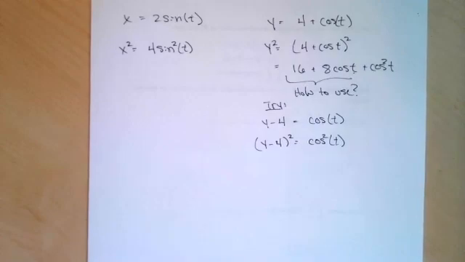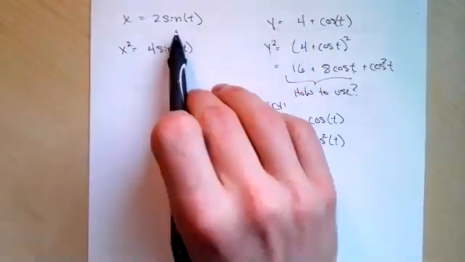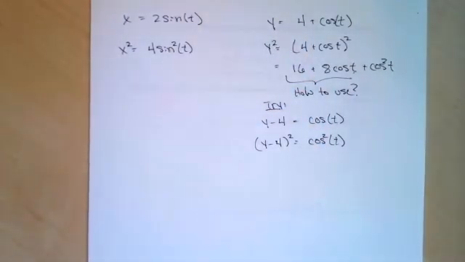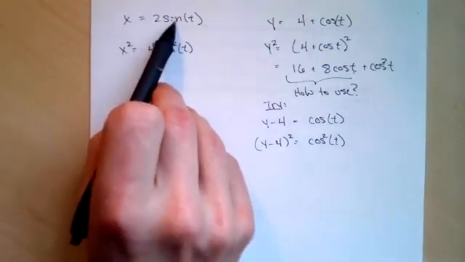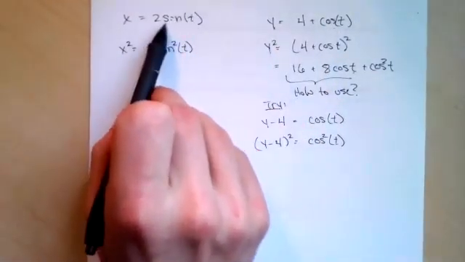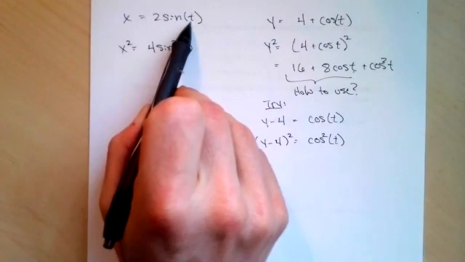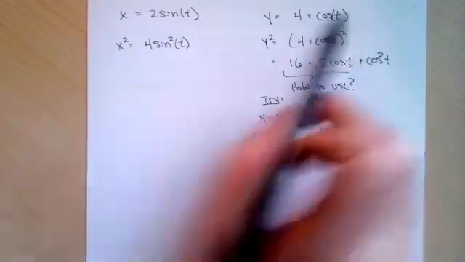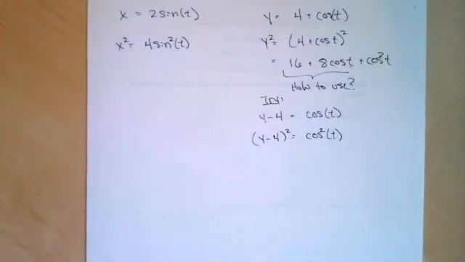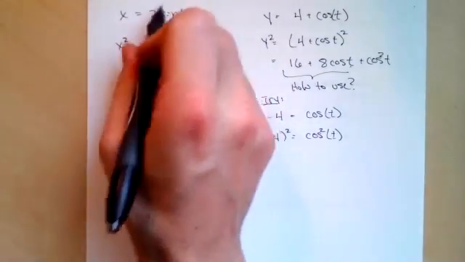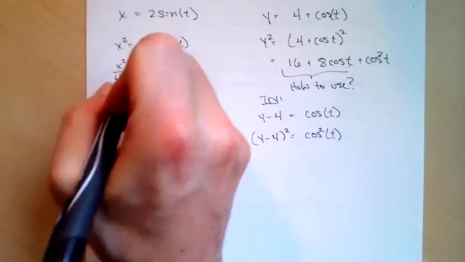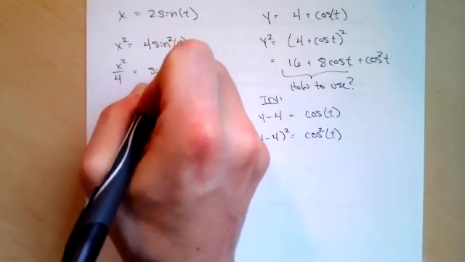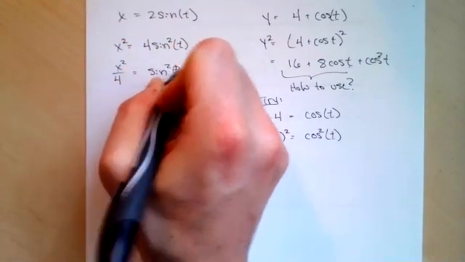We see sines and cosines in the parametrization, and since we are able to do some fairly simple algebra here to isolate our sines and cosines, namely, we could solve each of these equations. Now I could solve for at least sine of t, and I could solve this one for cosine t. And if I had solved this one for sine t and then squared it, we would get, of course, x squared over 4 is sine squared of t.